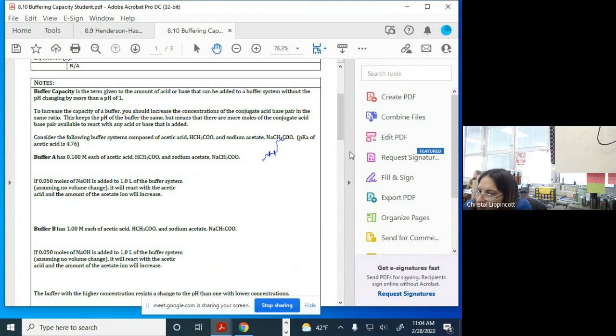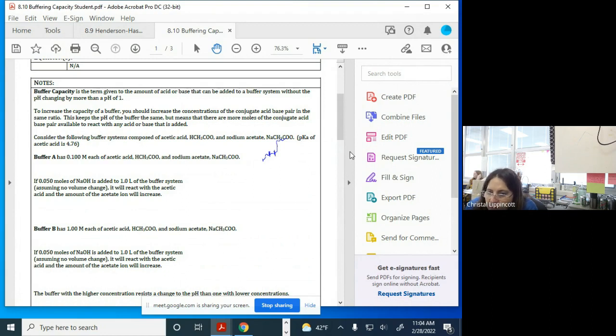That section is called its buffering capacity. The more material you have, the more weak acid conjugate base or weak base conjugate acid present, the more buffering capacity you have available, because you've got more things to go in and react to neutralize that situation.